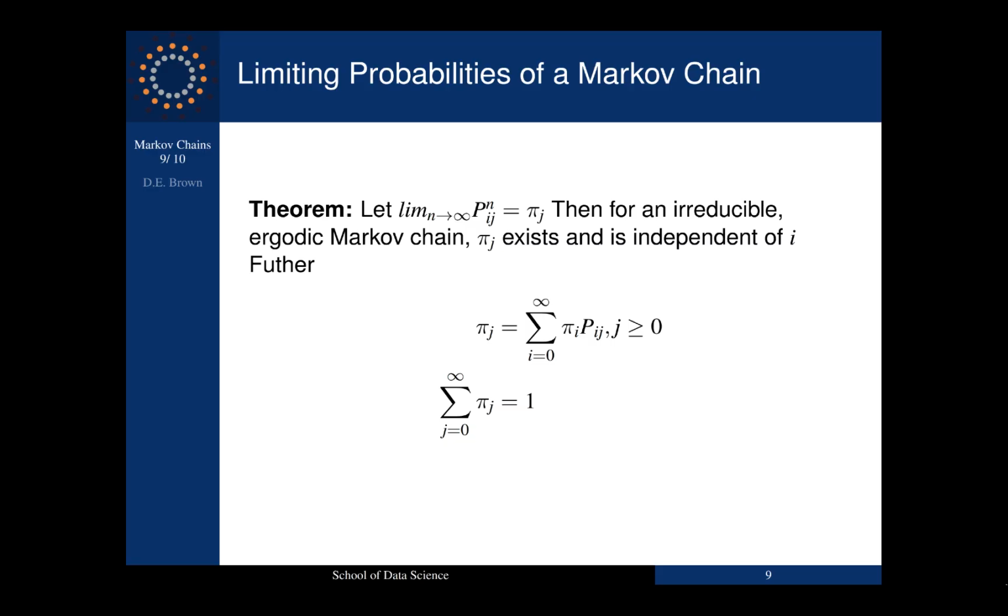The first shows that we can find those long-term probabilities weighted by the one-step transition probabilities. And of course, these long-term probabilities have to sum to 1. I've shown this over an infinite number of states, but for most practical problems we have a finite number, and that's what we're concerned with.